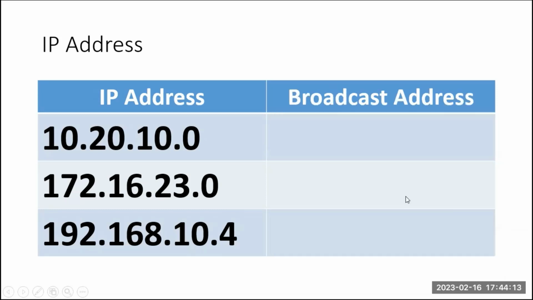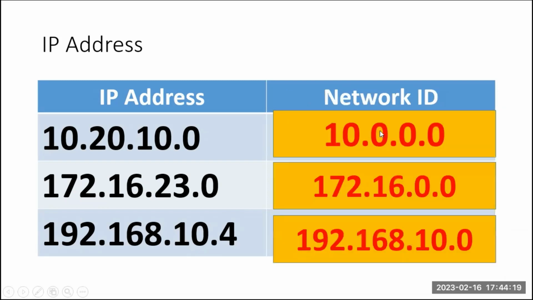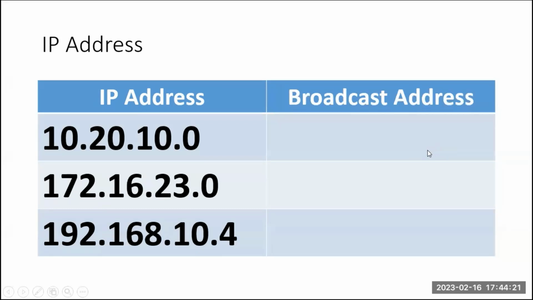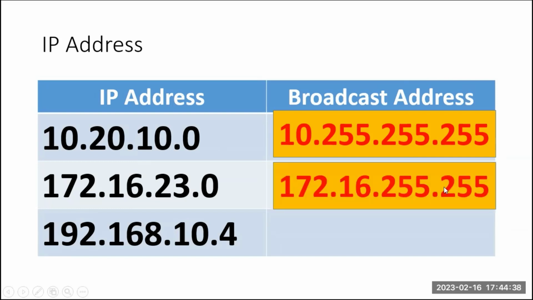The broadcast IDs, again, all we do is change the zeros to 255. For this one, the network is defined in the first two octets, and so the broadcast address for this would be 172.16, and the other two octets turn to 255.